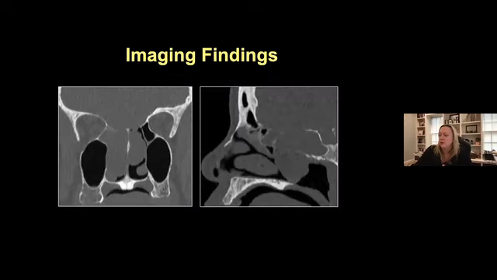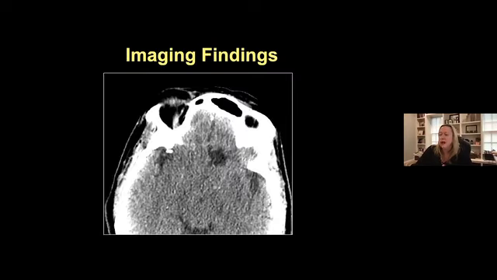I don't have the axial images on here, but on the axial images we could see remodeling of bone. If you have remodeling of bone plus bone loss, to me that is more bone dehiscence, versus if the bone is just blown through and there's abnormal soft tissue replacing where the bone used to be, that is more bone erosion and destruction. That's kind of the same thing to me.